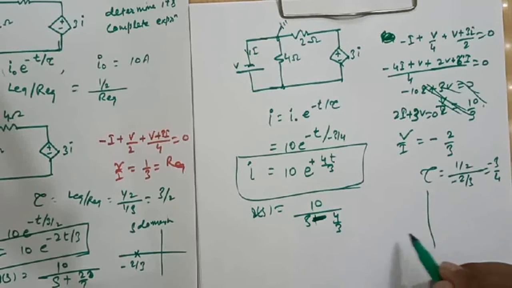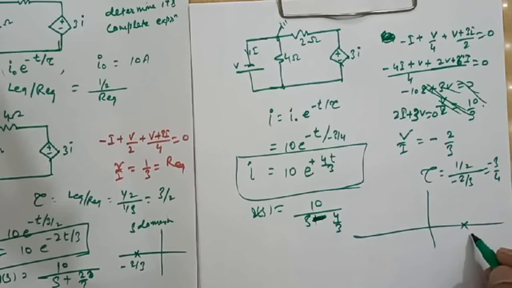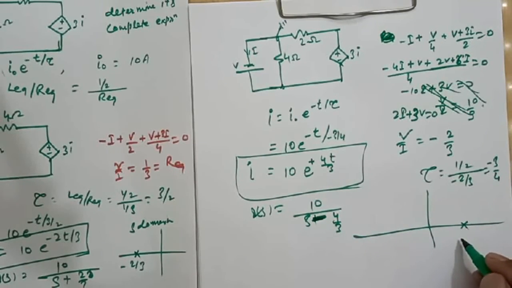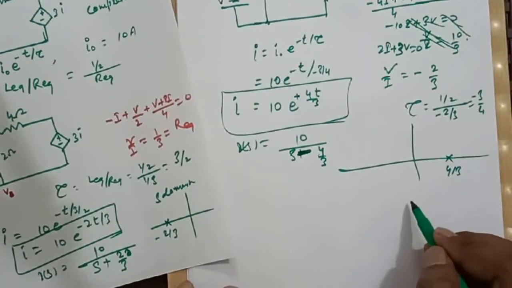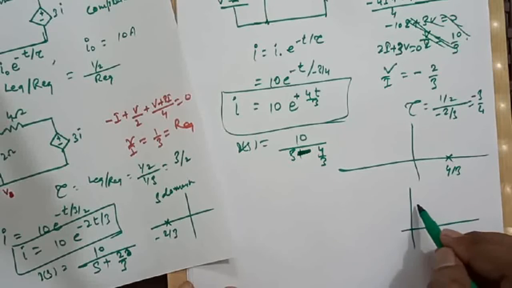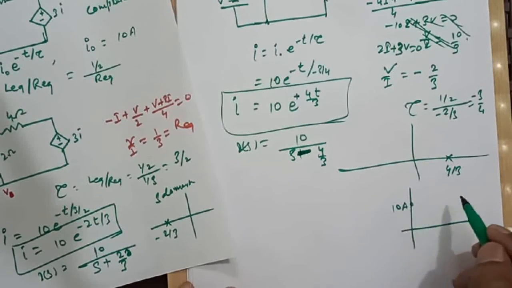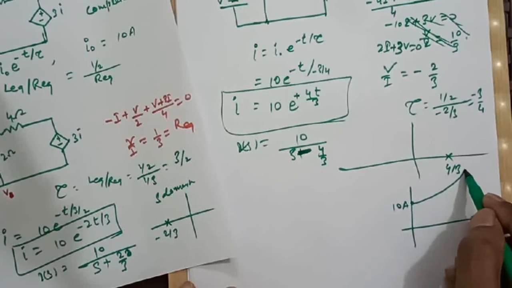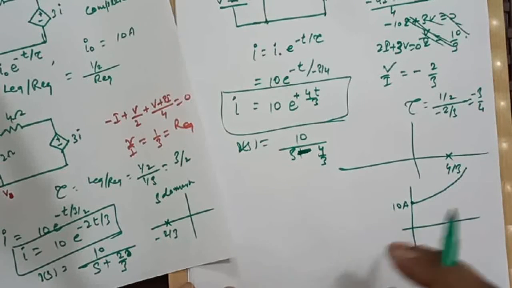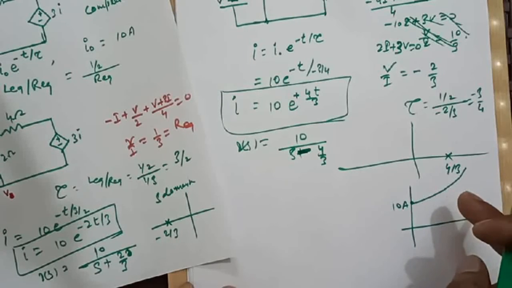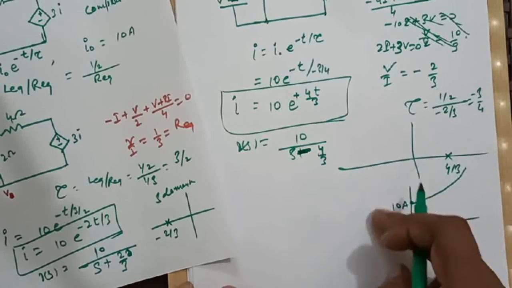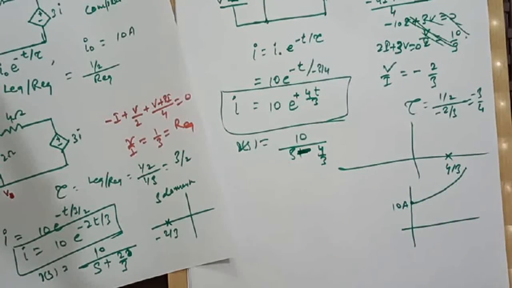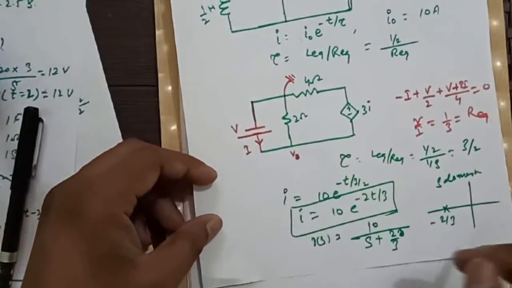If we plot this in the S plane, we will have the pole in the right half of the S plane at 4 by 3, and at time t equal to 0 the response was 10 ampere, and after that it will increase exponentially, which is an unbounded signal or unbounded current, so this will become unstable.